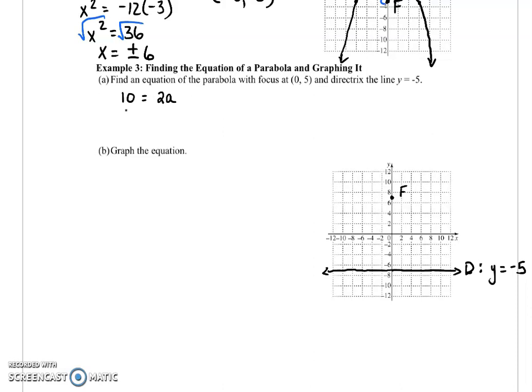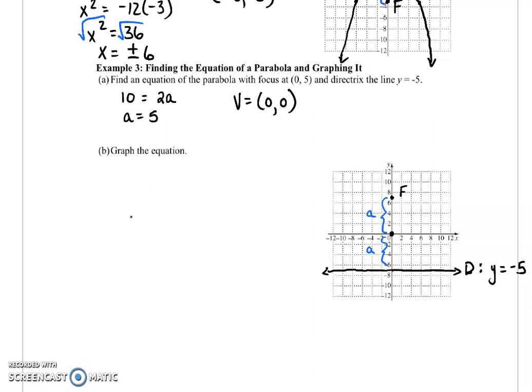So if we say 10 equals 2a, that means a equals 5. So that means we can plot our vertex, which is halfway between, at (0, 0). And that's because a has to be 5.